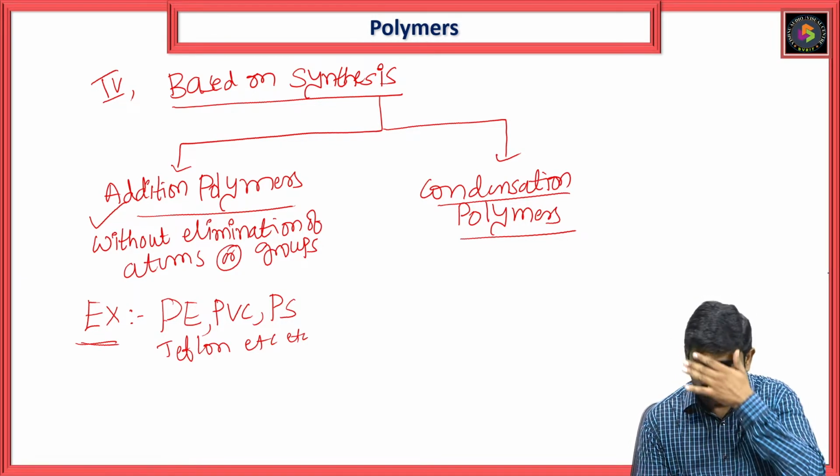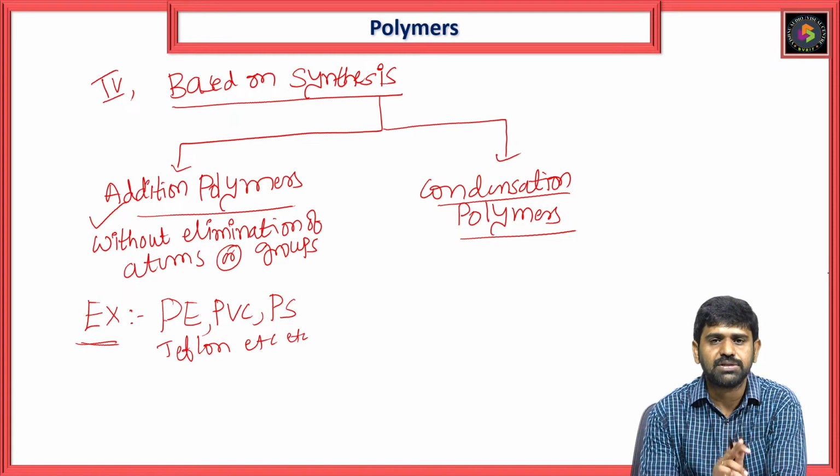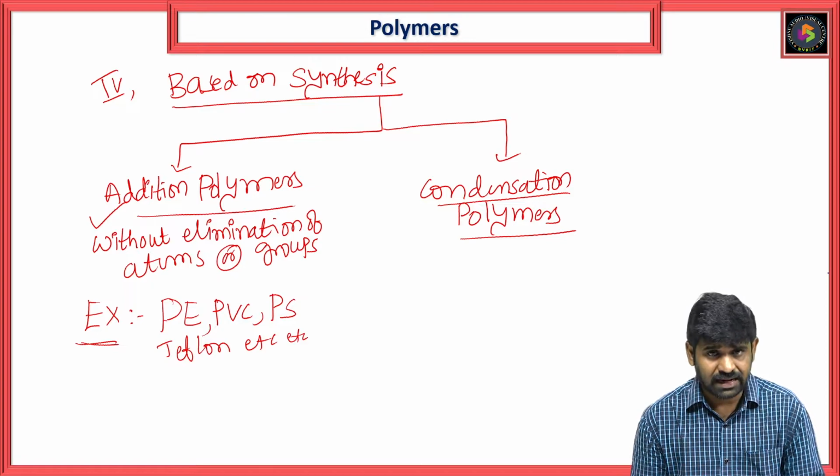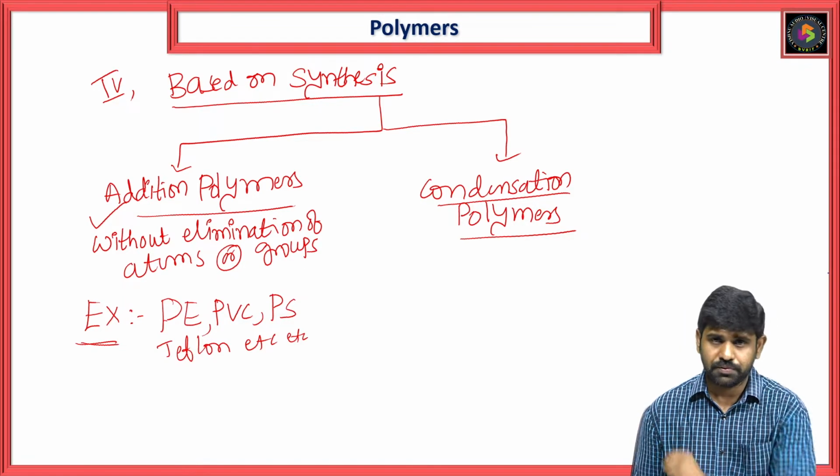So addition polymers are formed by the polymerization of monomers without elimination of atoms or groups.